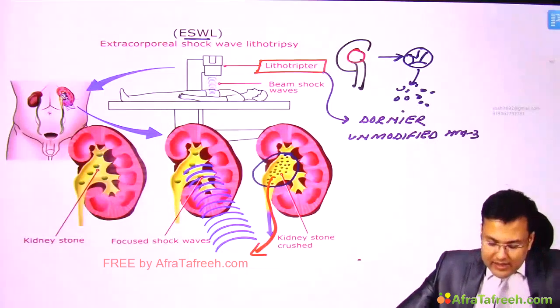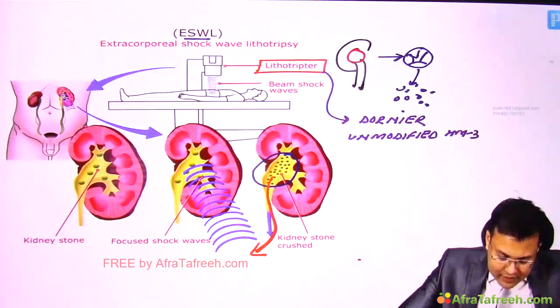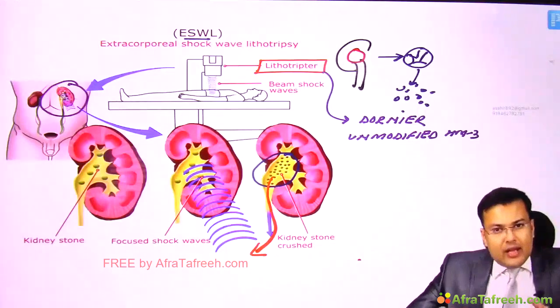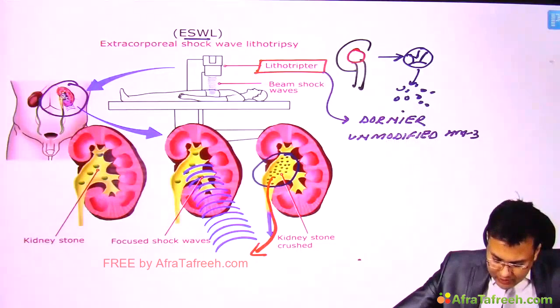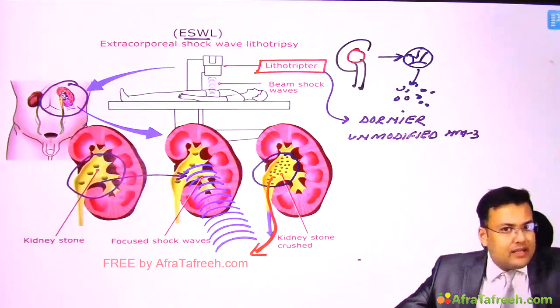Clear? After that, the shock waves are focused onto the kidney, and when there is a change of density from soft to hard, the stones are broken into small pieces, and these pieces are excreted into urine via the ureter. Right?